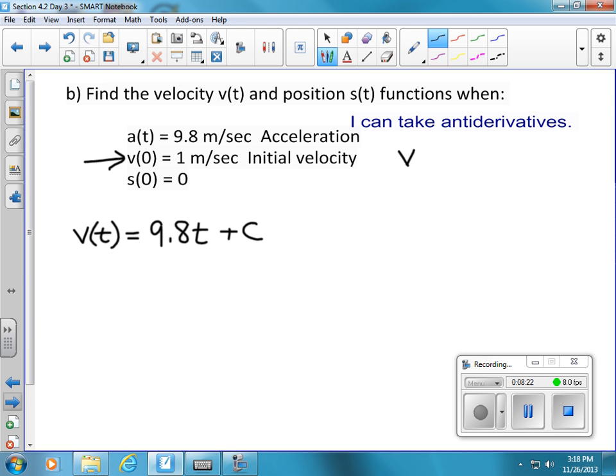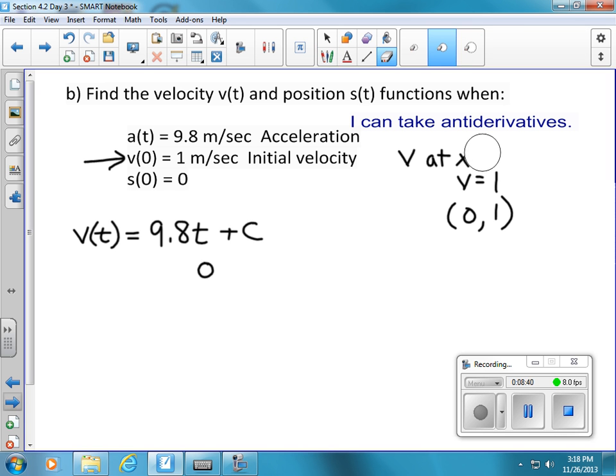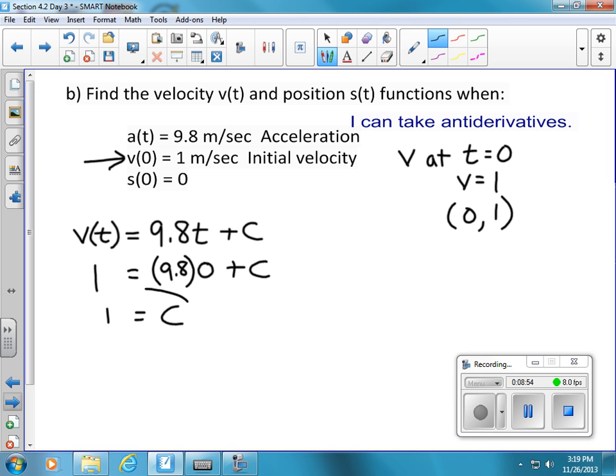The velocity at t equals 0 is 1. So that means we have a point, 0, 1. It's actually not x though, sorry, it's t. We'll try to keep consistent here. So t is 0, velocity is 1, let's fill in the rest. 9.8 times 0 plus c, so c must equal 1.